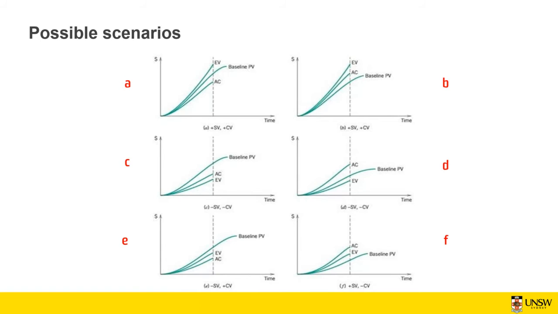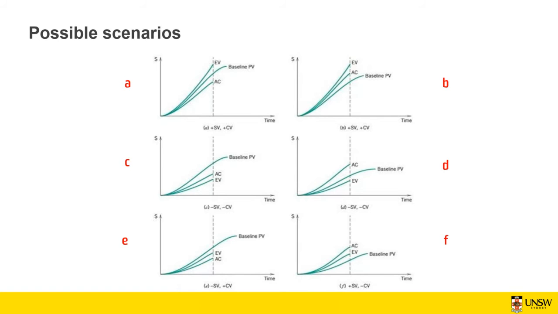What is the difference between C and D? Okay, so in C and D, both the schedule variance and the cost variance are negative. So that both have in common. But the difference is that in scenario D, your actual cost is higher than your planned value and significantly higher than your earned value, which means that your cost variance is very negative.